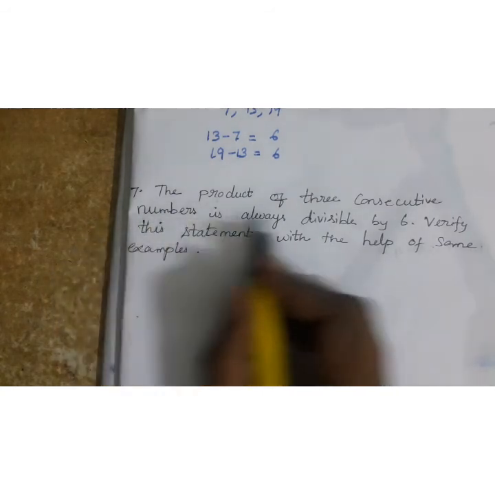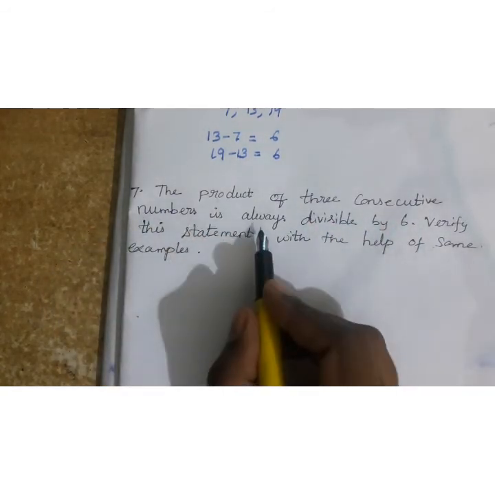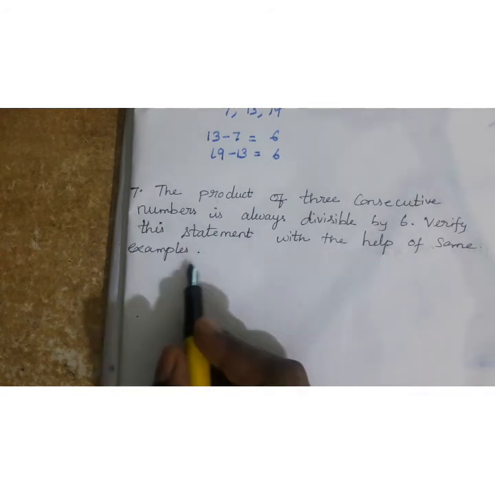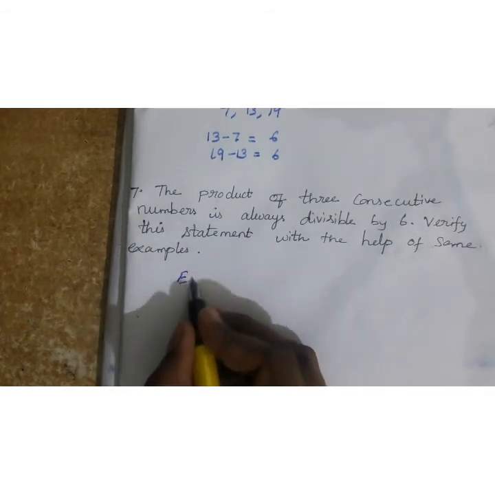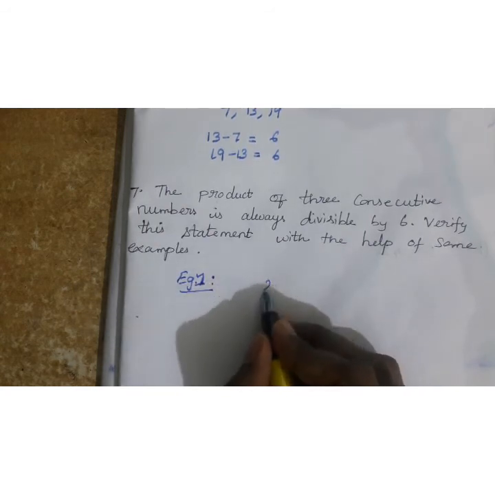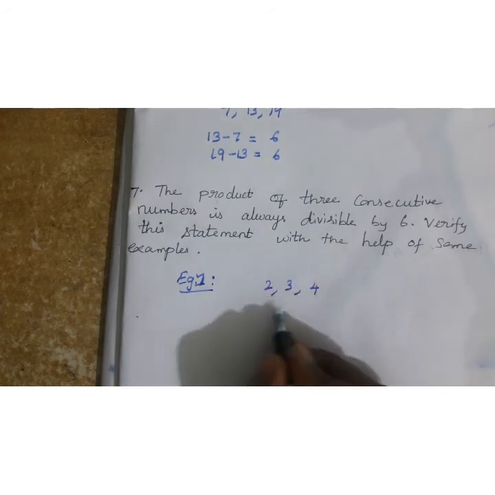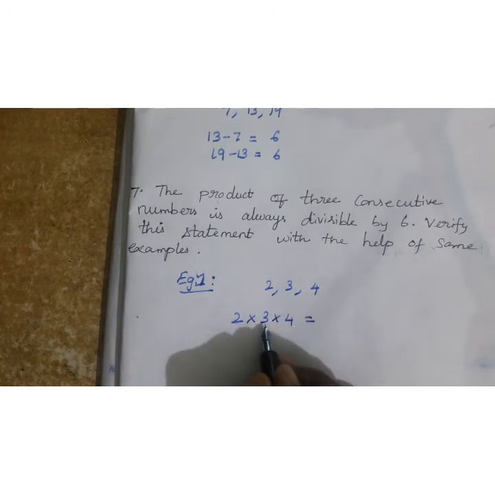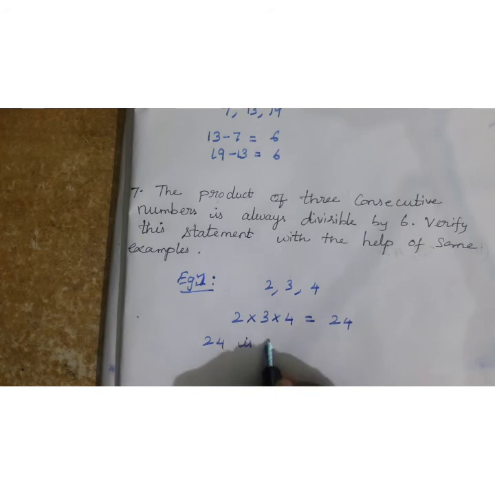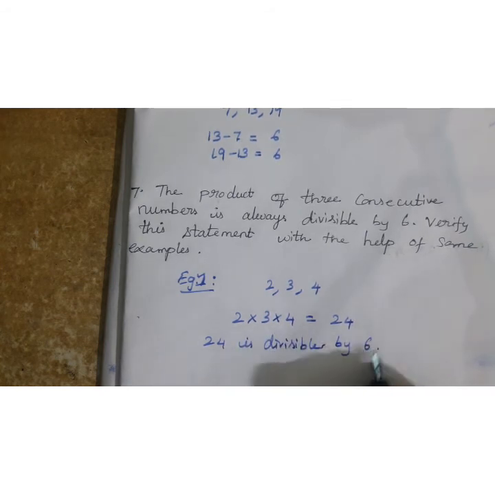Question number 7. The product of three consecutive numbers is always divisible by 6. Verify this statement with the help of some examples. Example 1. Let's take 2, 3, 4 consecutive numbers. 2 into 3 into 4 equal to 24. 24 is divisible by 6.